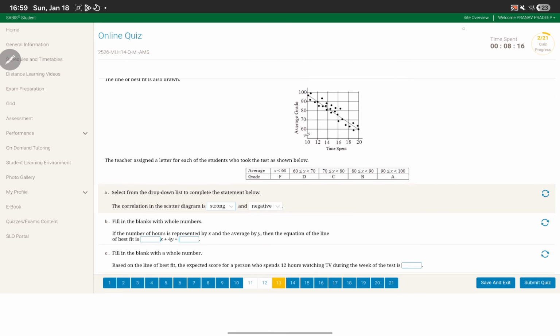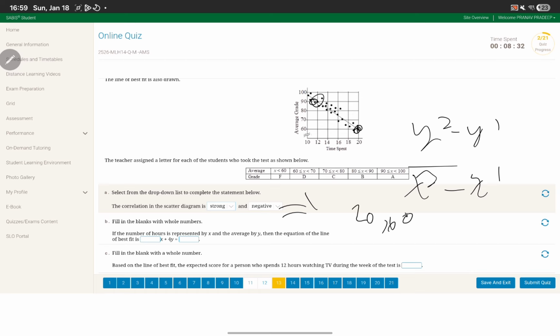Slope is basically just rise over run: y2 minus y1 over x2 minus x1. And now just take 2 values, which is pretty clear, this one and this one. The corresponding values are 20 and 60 and 12 and 90. 12 and 90 is x1 and y1.